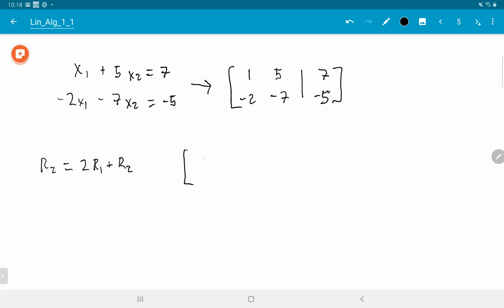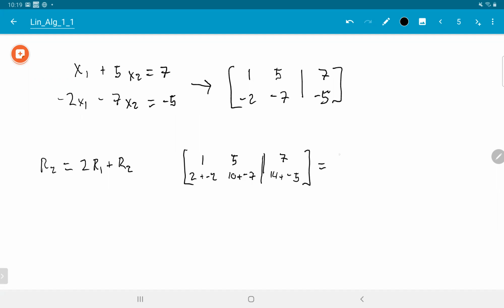And what we get, the first row doesn't change. And then the second row, I'll run through this with a bit of detail this time. We'll have 2 times 1 plus -2, and then we'll have 2 times 5, which is 10, plus -7, and then 2 times 7, which is 14, plus -5.